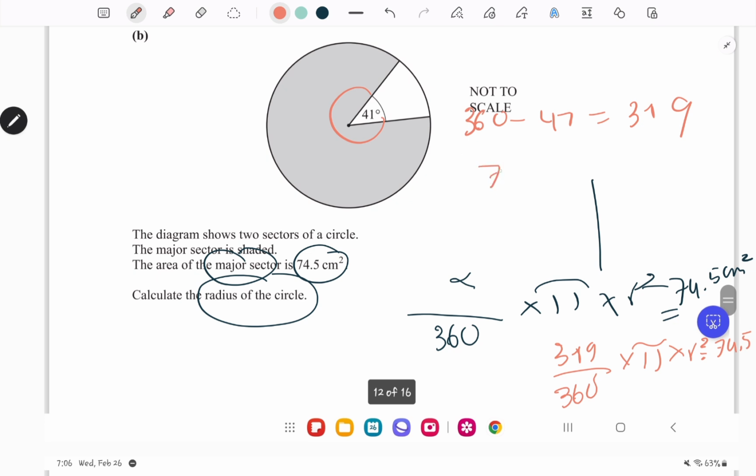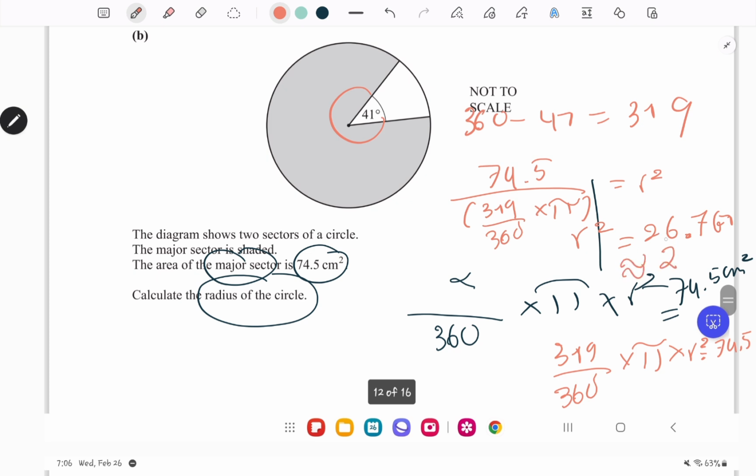Then you do your calculation. So 74.5 over 319 over 360 times pi is equal to r squared. You're going to get that r squared is equal to 26.761. You will round it. We will take it as 26.8.